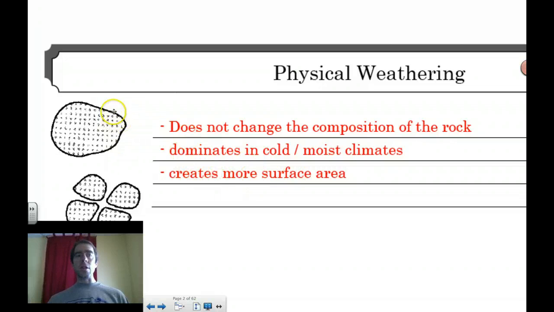But as you can see, the area around the outside is the surface area that increases when we break it open. So we still have all the surfaces that would have been on the outside, but now, once it's broken, we have all these spaces in the center as well that are now exposed. That helps to increase the amount of other kinds of weathering, whether it's more mechanical or physical weathering, or whether it's more chemical weathering.